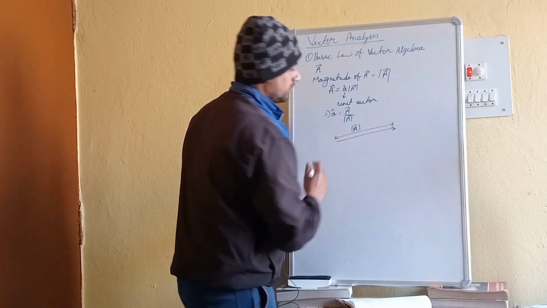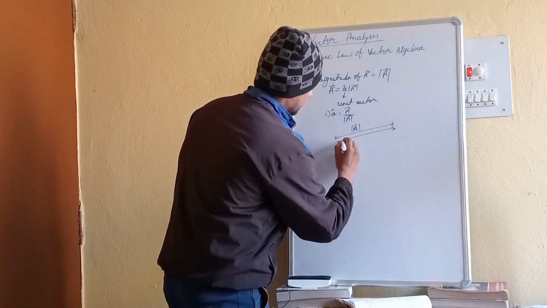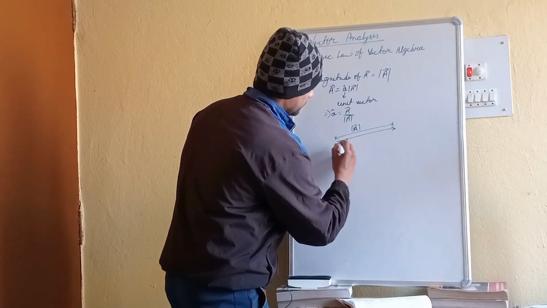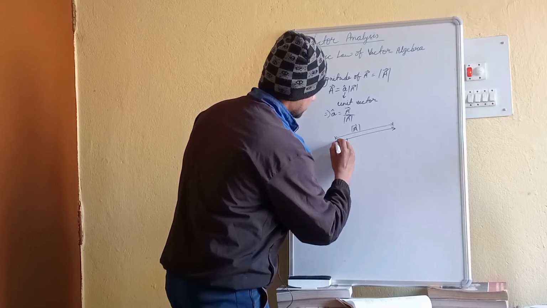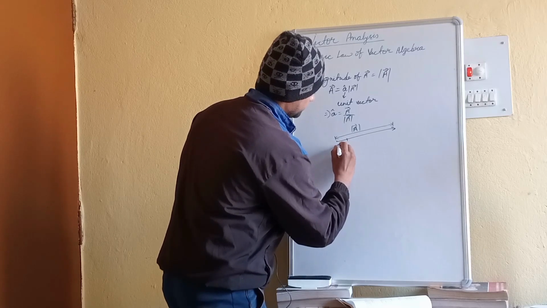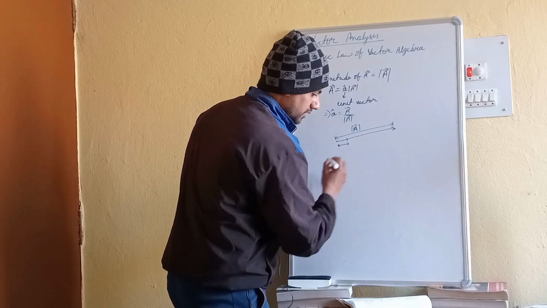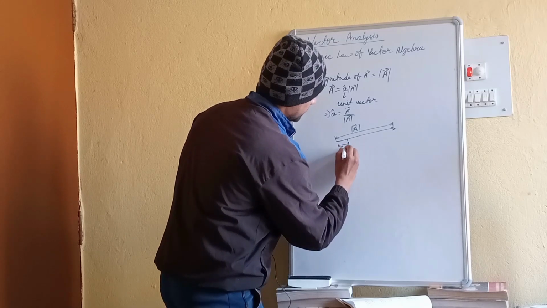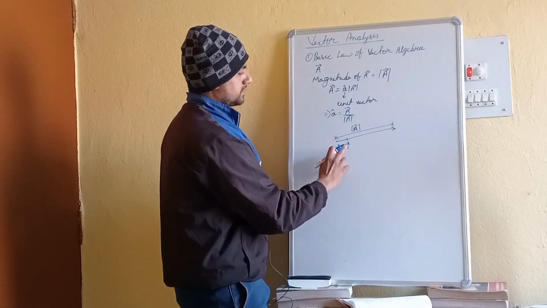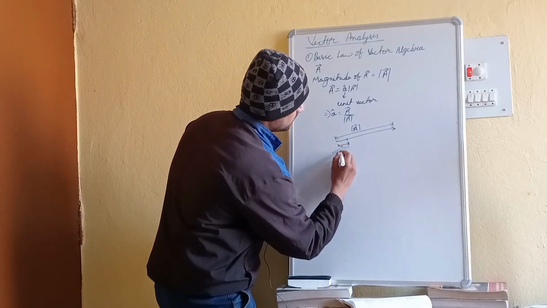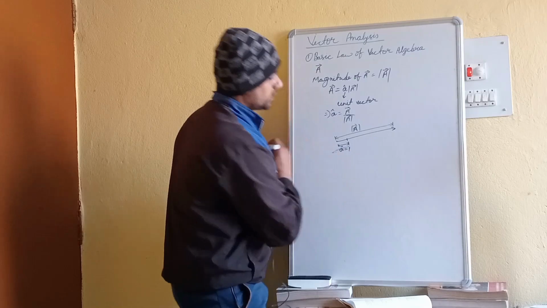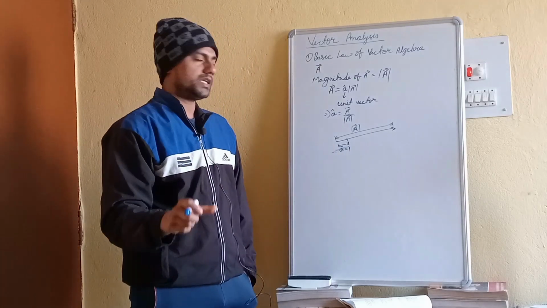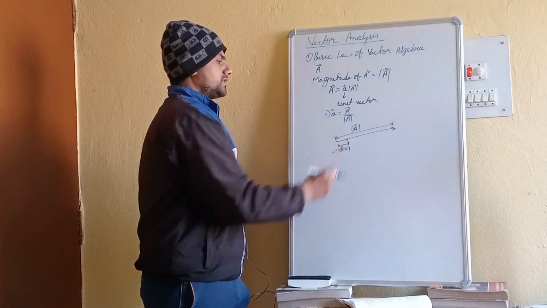So this is the magnitude of vector A. And if the length of this one is A cap equals 1, meaning unit value, then it can be called a unit vector.